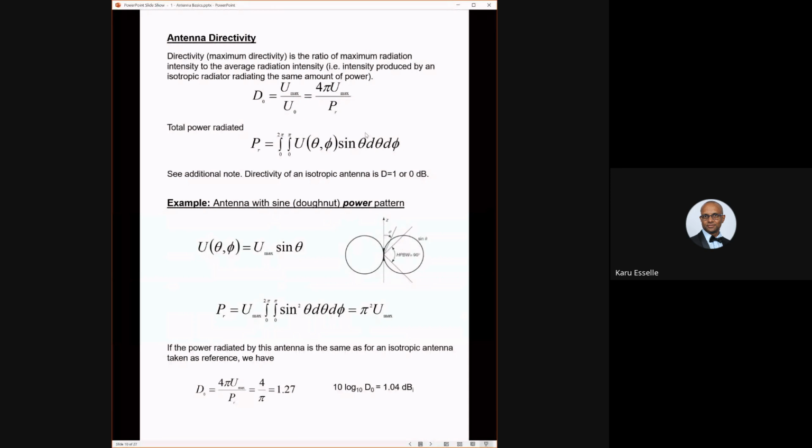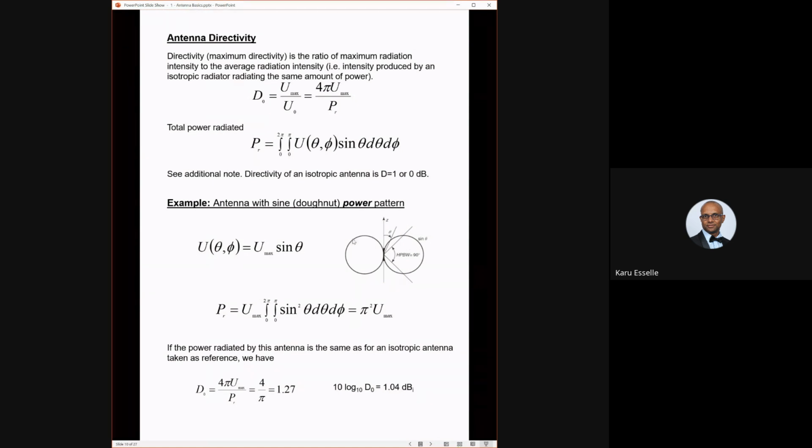I will not try to explain all these equations. If you want to understand these or their derivations, you can find them in textbooks like Balanis. I think some of these things I got from Balanis, but there are several very good textbooks explaining how these are derived.